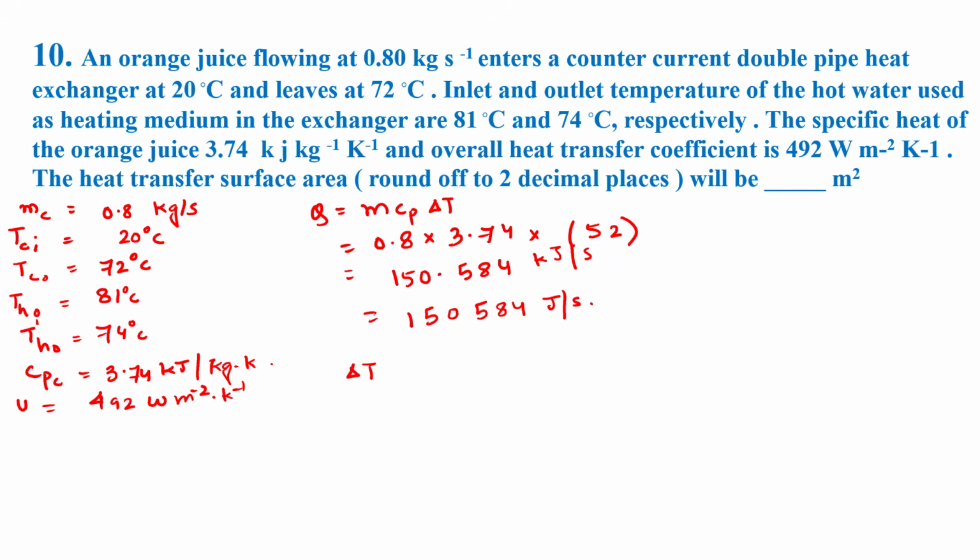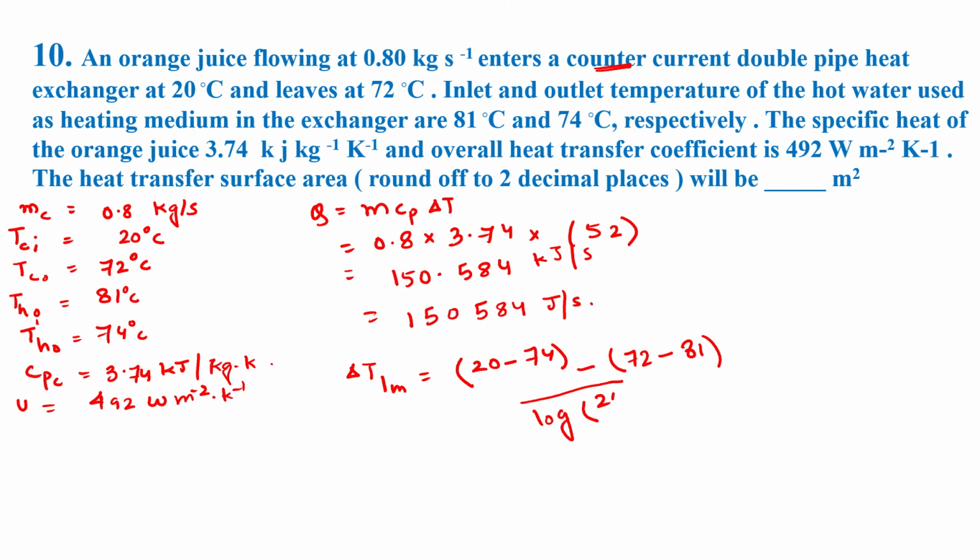So it is TCi minus THo, so it is 20 minus 74, since it's a counter current, minus TCo, that is 72 degrees, minus THi, that is 81 degrees Celsius, divided by log of 20 minus 74 by 72 minus 81.